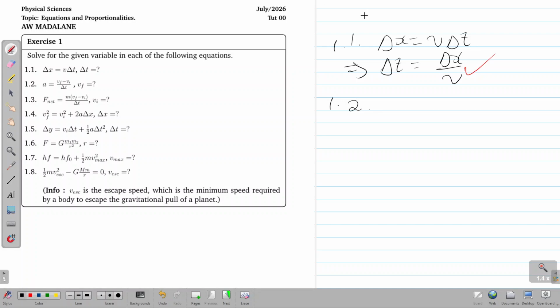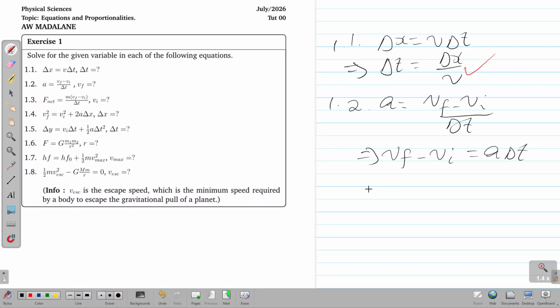So let's go to 1.2. a is equal to v final minus v initial over delta t, and then we want v final. So this implies that the first thing you do is multiply by delta t on both sides, and then I'm going to write this expression on the left-hand side. So I'll do that simultaneously, so please be comfortable with this. v final minus v initial is equal to a delta t.